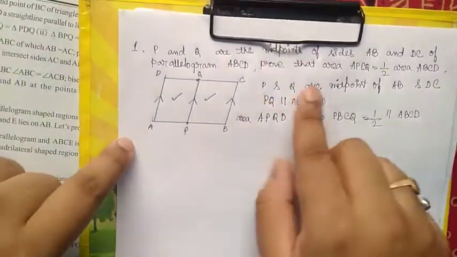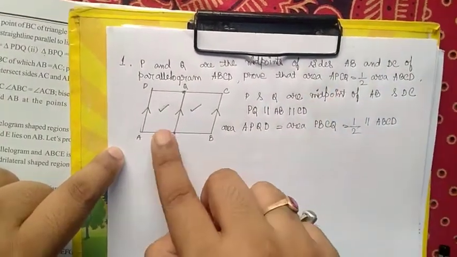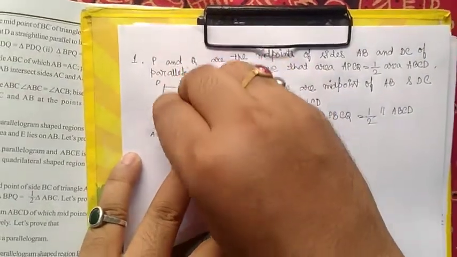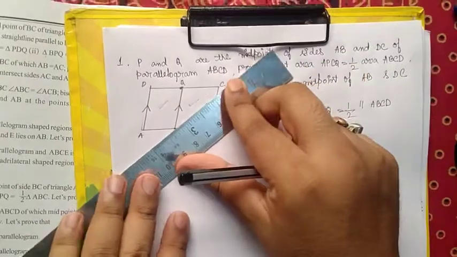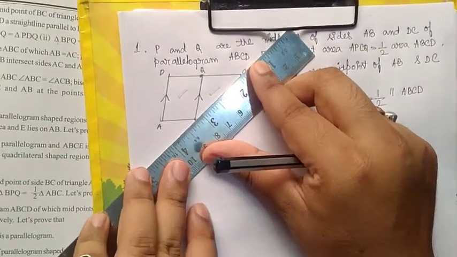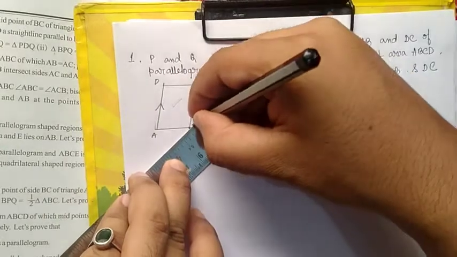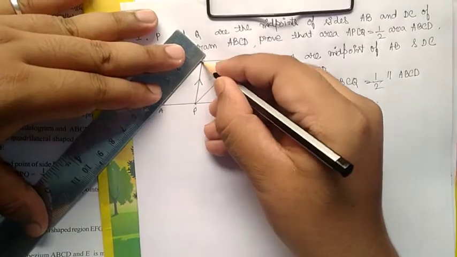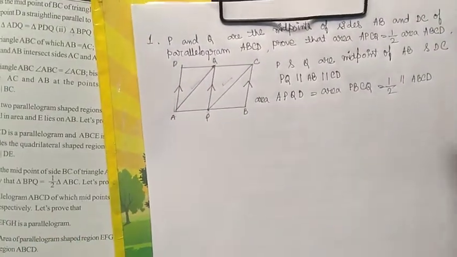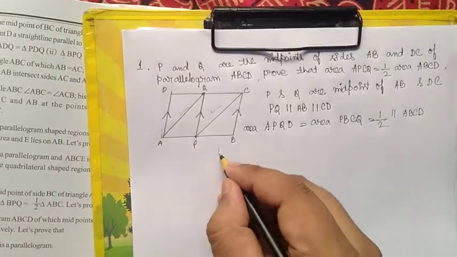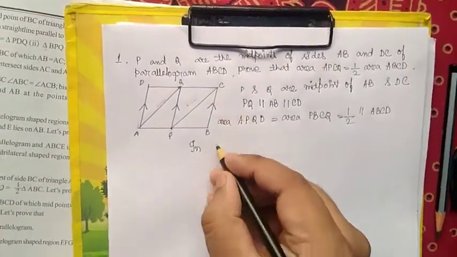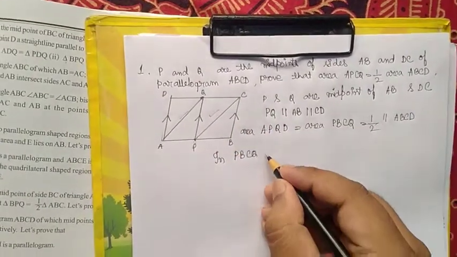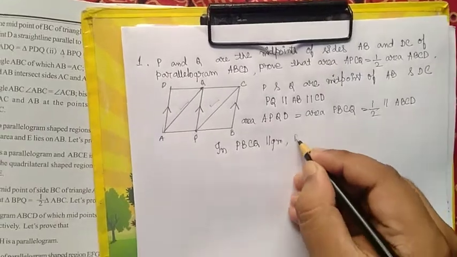Now we have to prove that APCQ equals half of ABCD. We have to join PC first. In parallelogram PBCQ, PC is the diagonal.